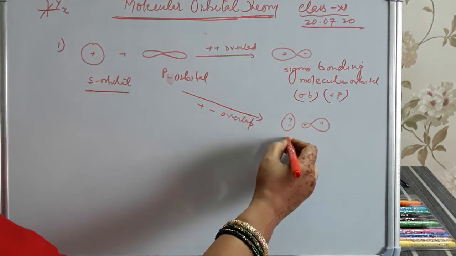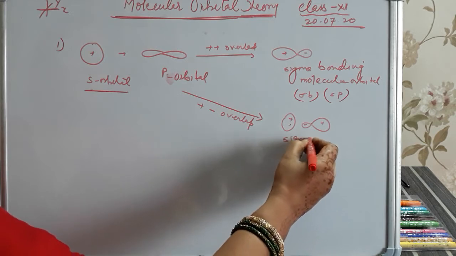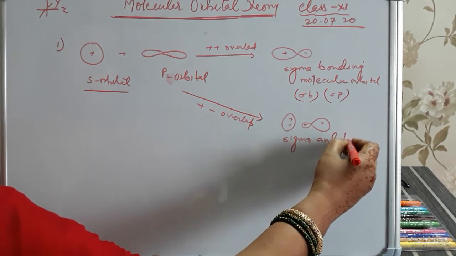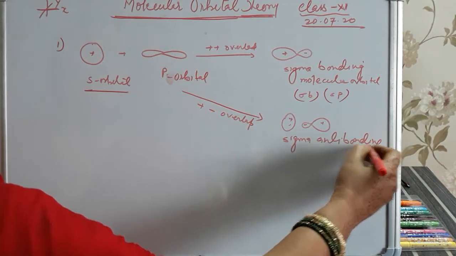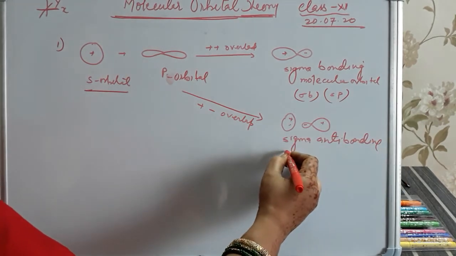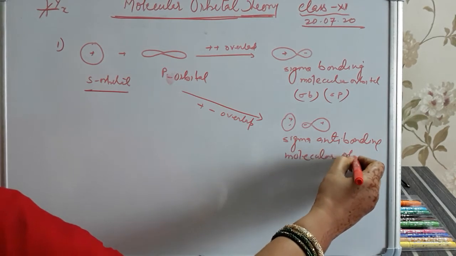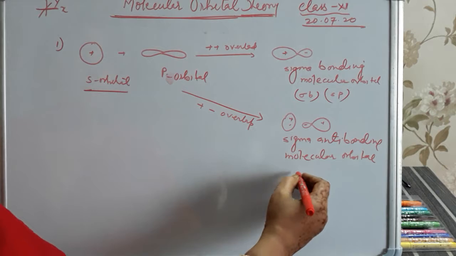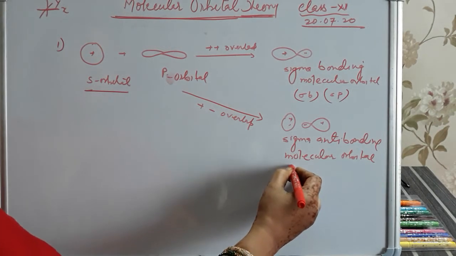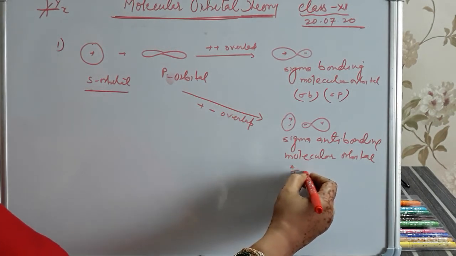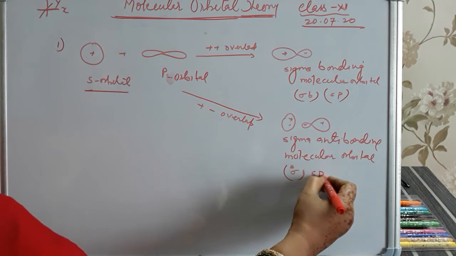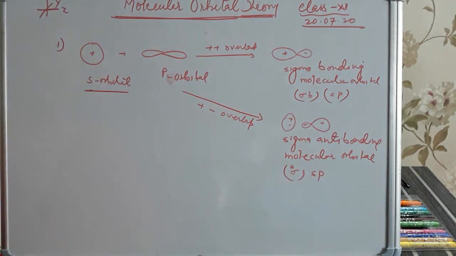So this is called the sigma anti-bonding molecular orbital, and it is represented by sigma with a star. It is also formed by the combination of s and p atomic orbitals.